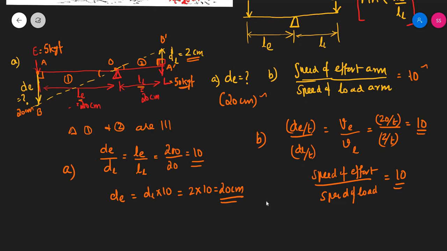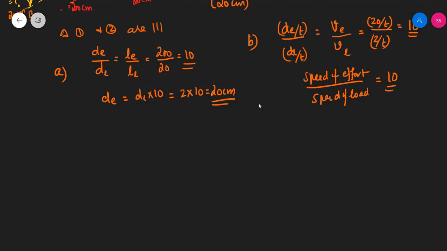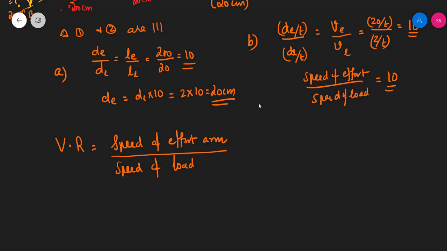So this speed of effort by the speed of the load arm is what we call the velocity ratio. So the velocity ratio is equal to the speed of the effort arm divided by the speed of the load arm, and this is equal to your distance moved by the effort divided by the distance moved by the load, and this is in turn equal to the length of the effort arm divided by the length of the load arm.